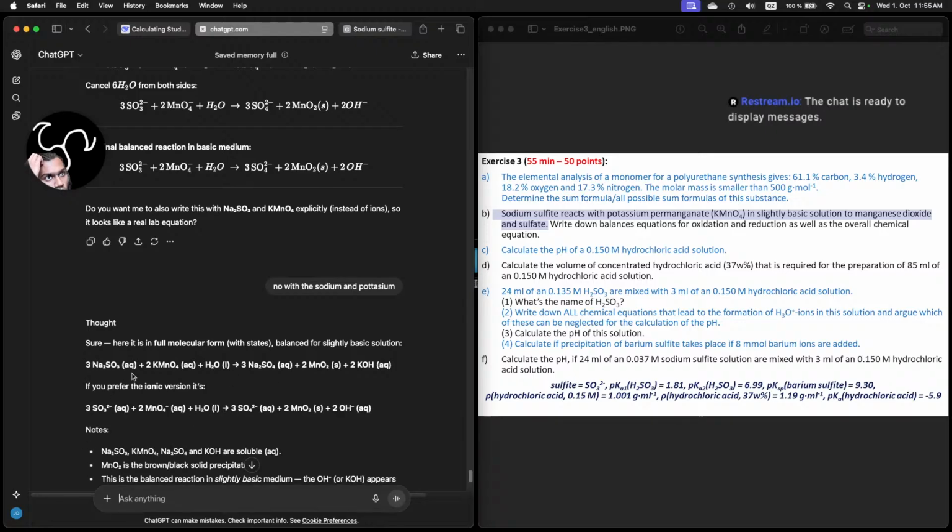Three Na2SO3 plus 2 KMnO4 plus water. I mean, it's basic, but yeah. Gives Na2SO4 plus 2MnO2 plus KOH. We got a KOH. Potassium.